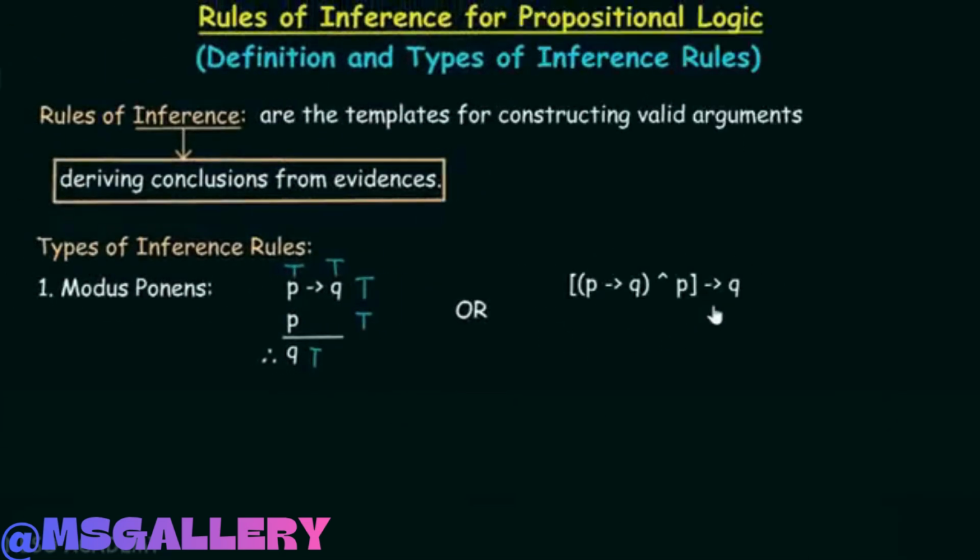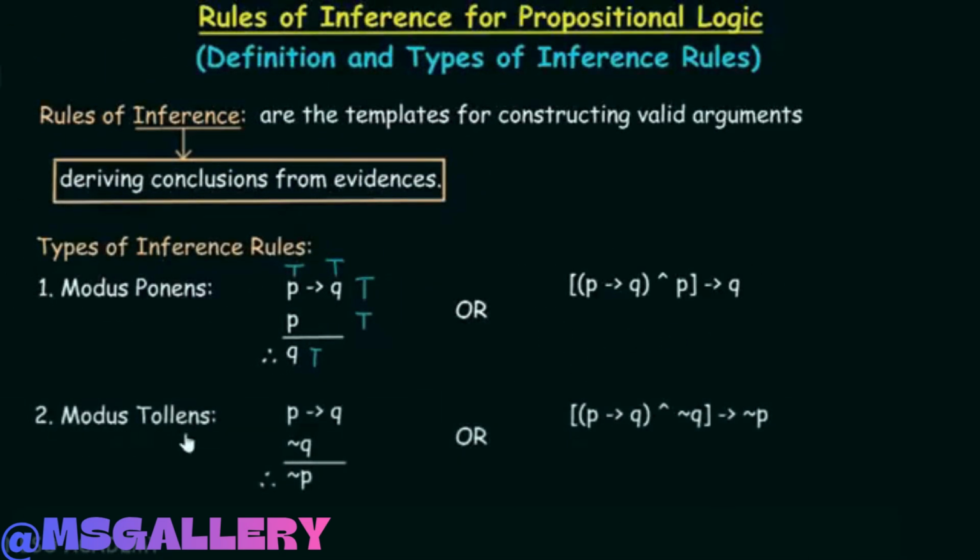Okay. Now the second rule in this list is modus tollens rule. According to this rule, P implies Q, not Q, therefore not P. Now as we know, P implies Q is true and not Q is true, therefore we need to conclude that not P is also true. Now if P implies Q is true and not Q is true, then Q becomes false, right?